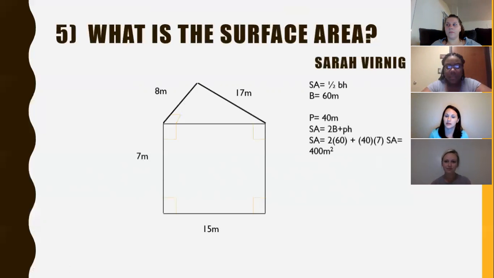So our equation is 2 times base plus perimeter times height. We substitute our measurements in: 2 times 60 plus 40 times 7. And we get 400 meters squared for the surface area of the shape. Thank you.